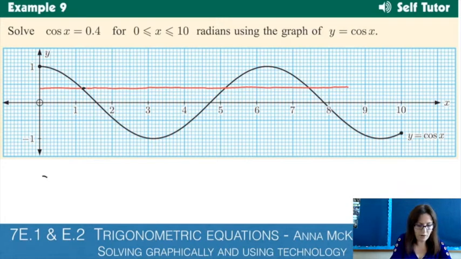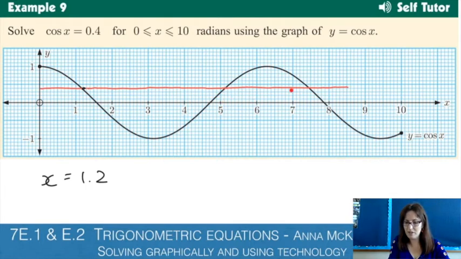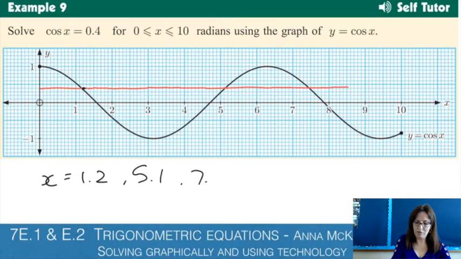So we would have about 1.2. Next one along would be here, so x is approximately 5.1, and the last one along here is about 7.4 if it was drawn neatly and beautifully. Then, so we have 5.1 or 7.4. So that's essentially what we're solving there.